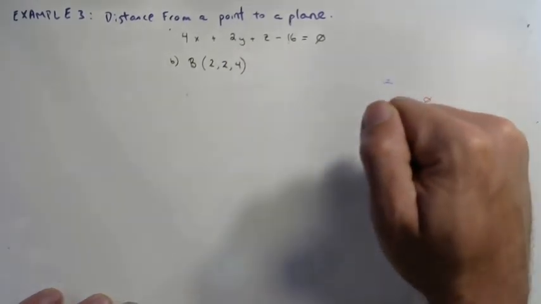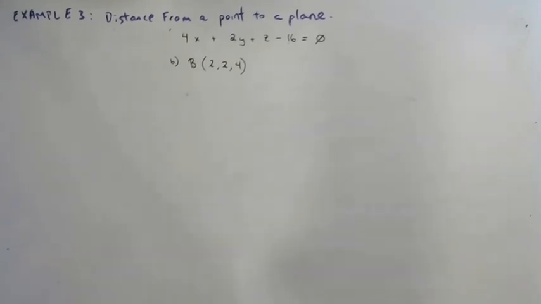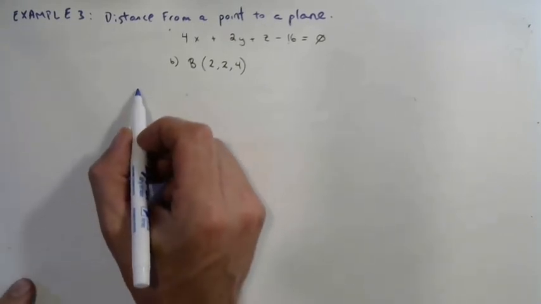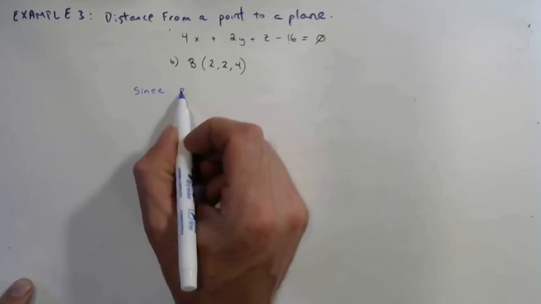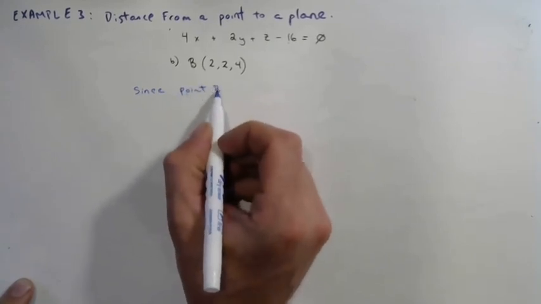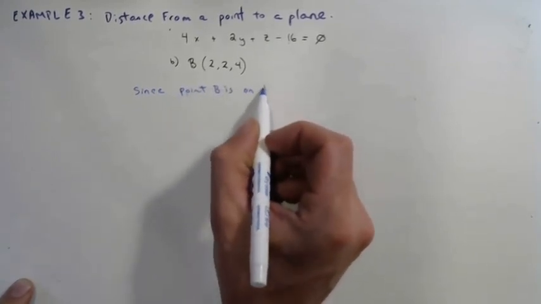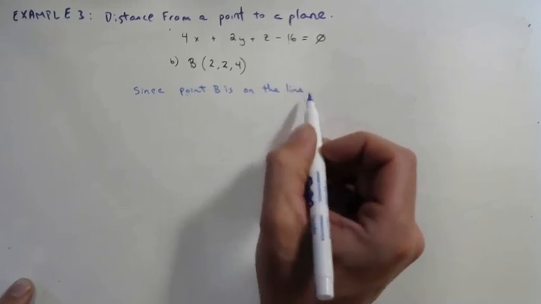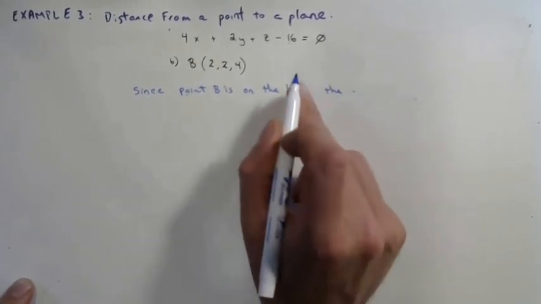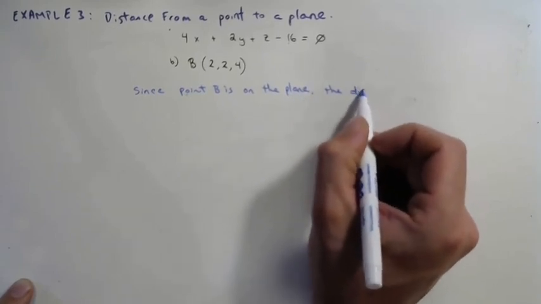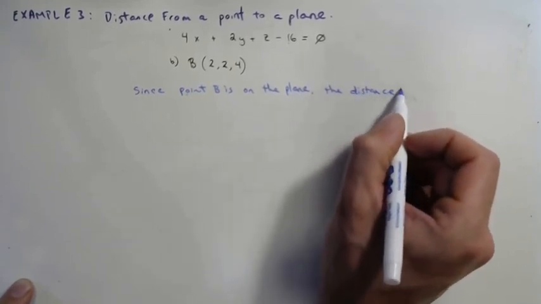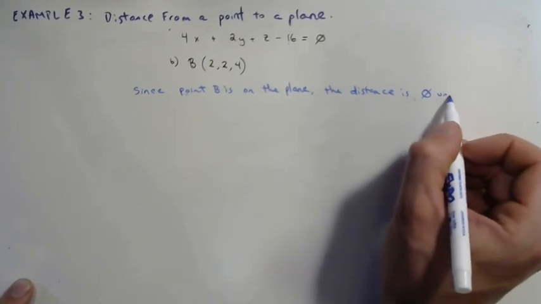So left side does equal right side, which tells you that this point is on the plane, which tells you that the distance is 0. I'm not going to do the work because we just did something like that. Since point B is on the plane, the distance is 0 units.